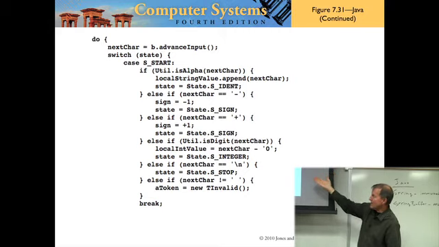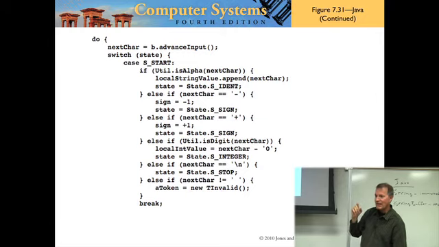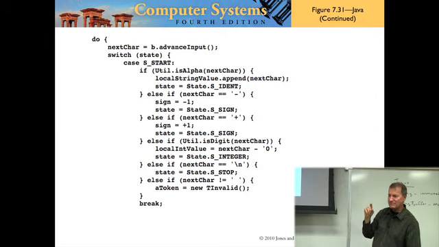So case S.start, if we're in the start state, what do we say? Just go through this code. If it's a letter, what do we do? Here's how we do it with the buffer. Local string value dot what? Append the letter. Now that is mutable. Append means it's mutable.